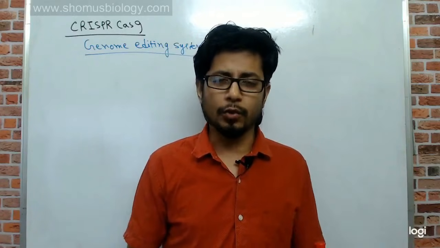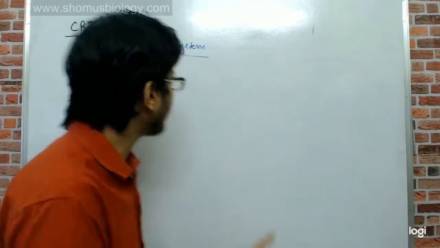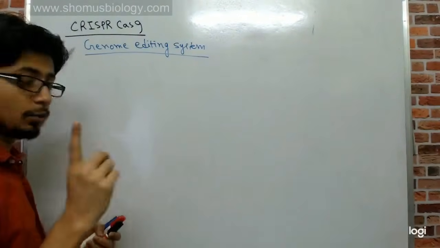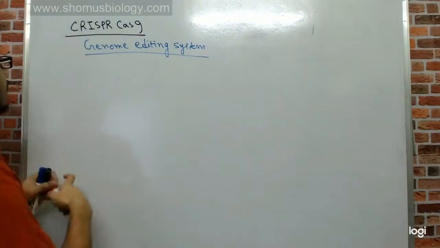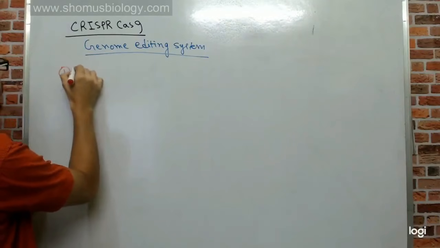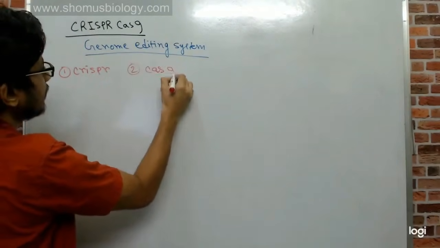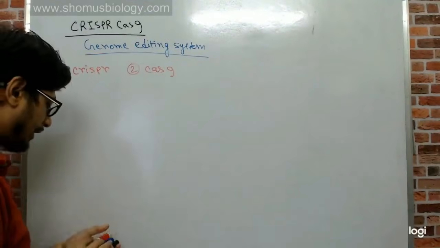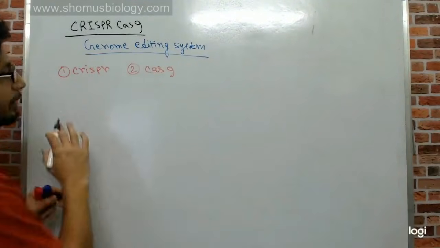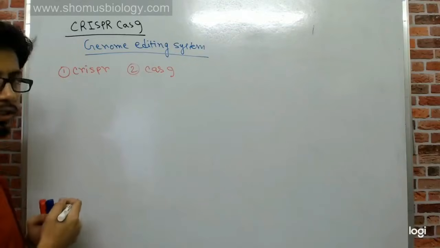Okay, so in very basic terms, if I divide these two terms, CRISPR-Cas9, we get first CRISPR, and the second one is Cas9. These are the two components of this system, right? Now, let me tell you the idea about CRISPR and Cas9.